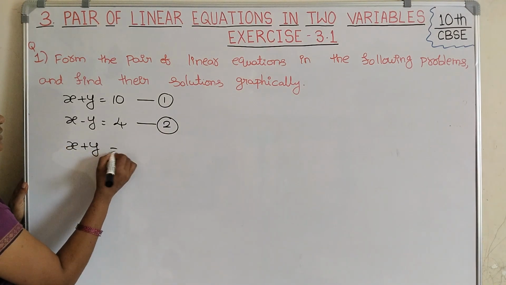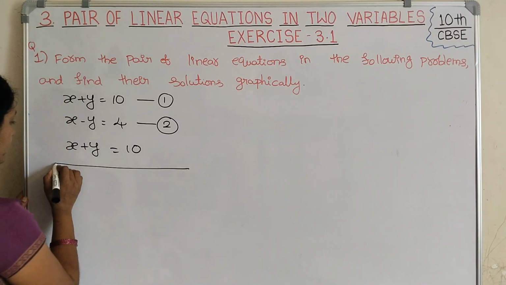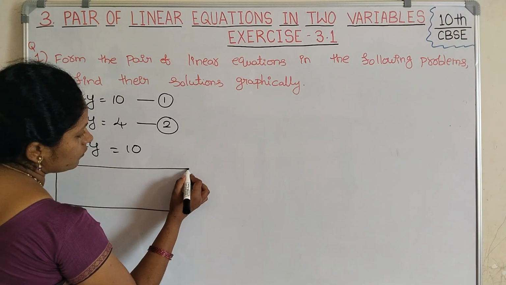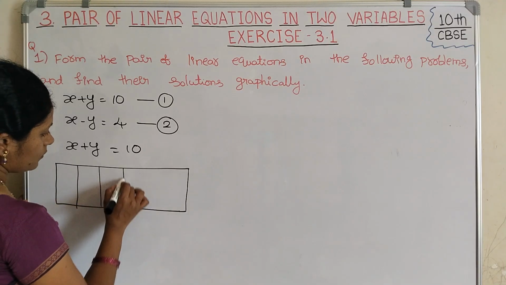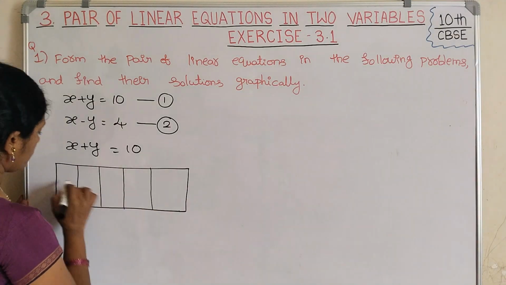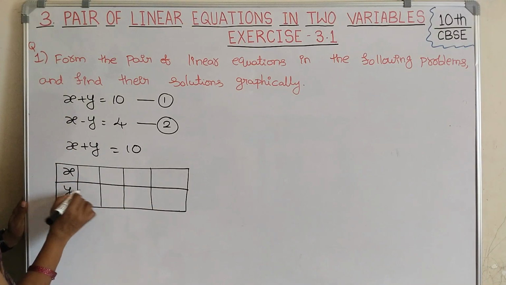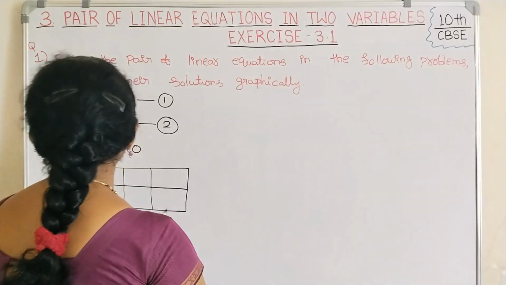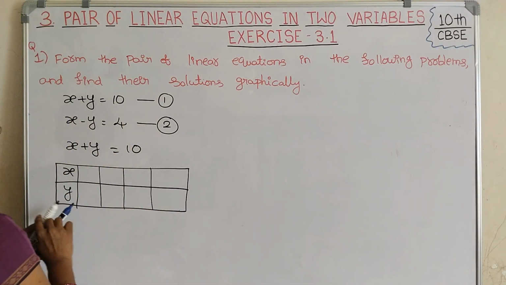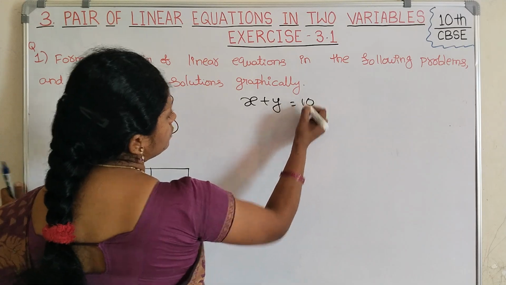Let us form the table for x plus y equals 10, with columns x and y.